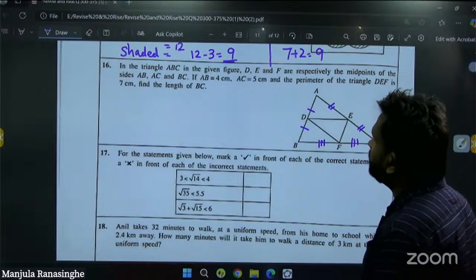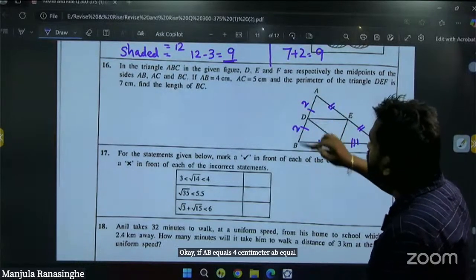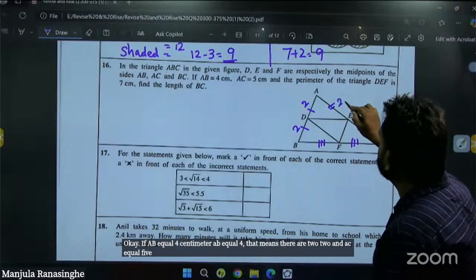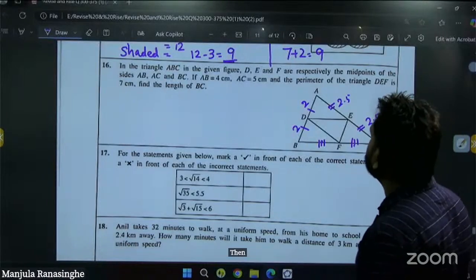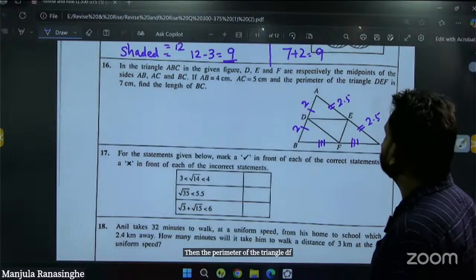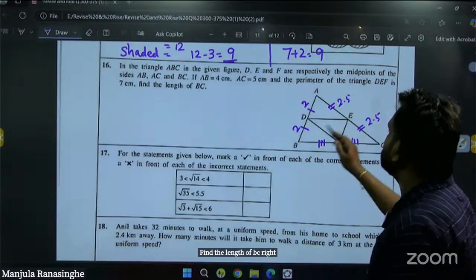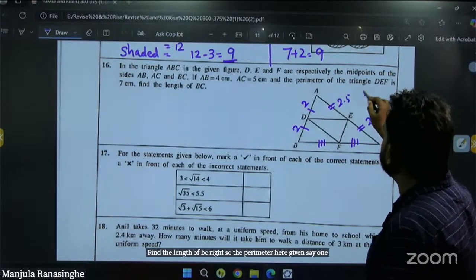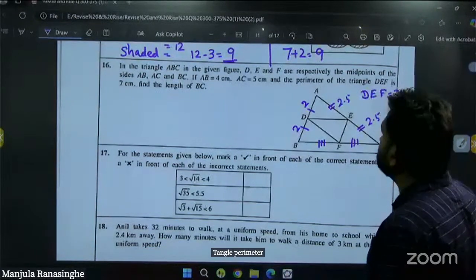If AB equals 4 centimeter, that means there 2, and AC equals 5, so that is 2.5, 2.5. Then the perimeter of the triangle DEF is 7 centimeter. Find the length of BC. So the perimeter given is 7, so DEF triangle perimeter is 7, then find BC length.